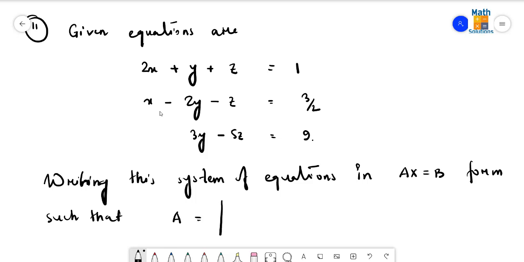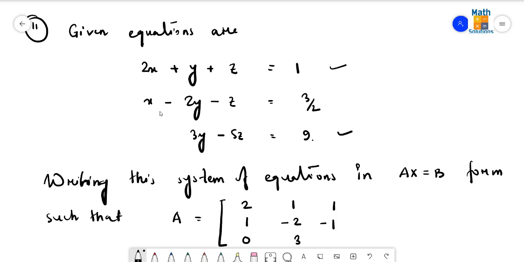capital A would come as only the coefficients we need to consider. From the first equation, from the left hand side, we shall be getting 2, 1, 1, as these are the coefficients of twice x, then y, then z. Then coming to the second equation, the coefficients we get as 1, minus 2, minus 1. Again coming to the third equation, we see that there is no x term on the left hand side, so in place of coefficient of x, of course there will be 0.